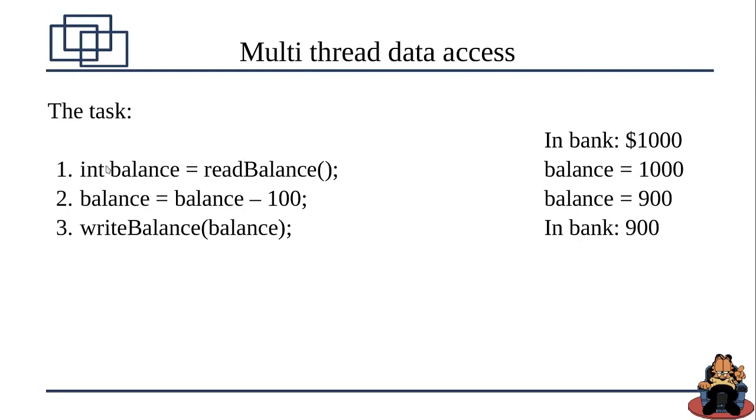First, it reads the data from the bank, so we have 1000. Then it subtracts 100 from the local variable, so we get 900. And finally it writes back the data to the bank account.